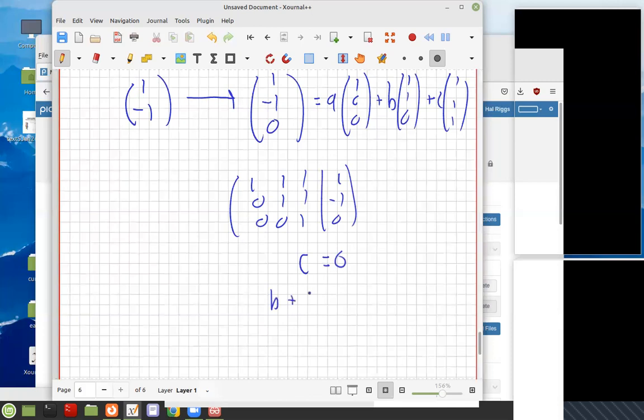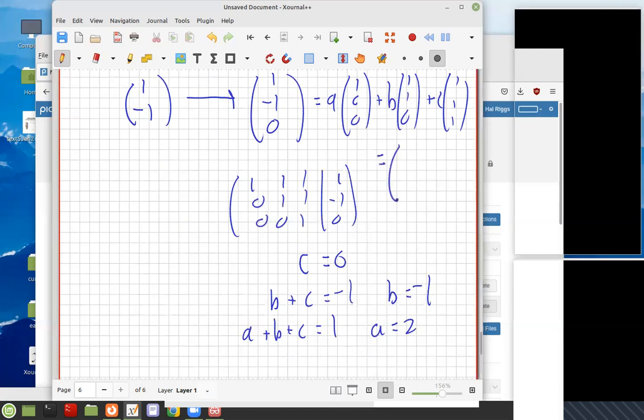And then B plus C has to equal minus 1. Since C is 0, B has to equal minus 1. And since the first equation is A plus B plus C equals 1, and B plus C is minus 1, A has to equal 2, because 2 plus minus 1 is 1. So our vector up here is going to be (2, -1, 0) in basis D.